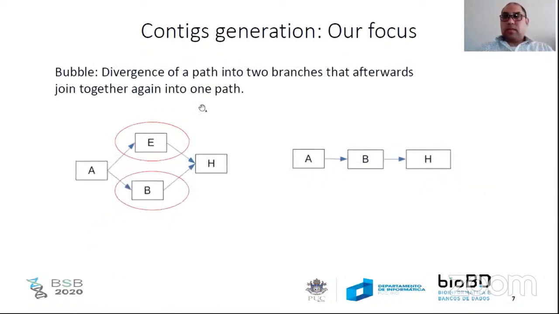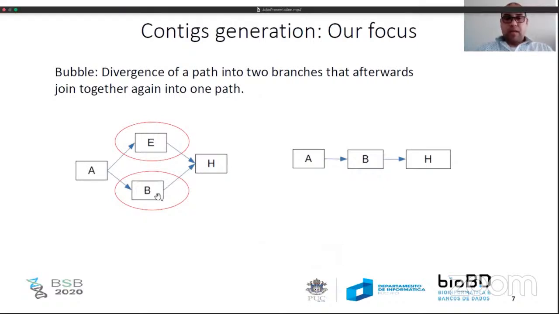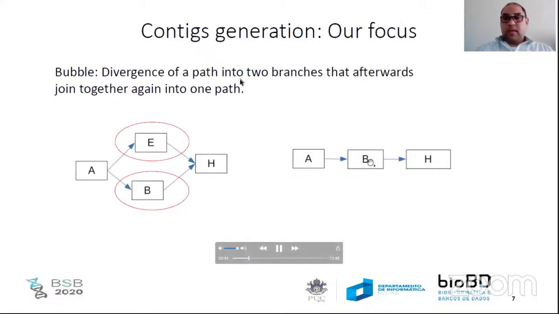Finally, bubbles are a divergence of a path into two branches that are then joined together again into one path. A possible cause is sequencing error toward the middle of the read. Here we have two possible paths between node A and H, through E and B. In this case, we remove node E and keep the path ABH.